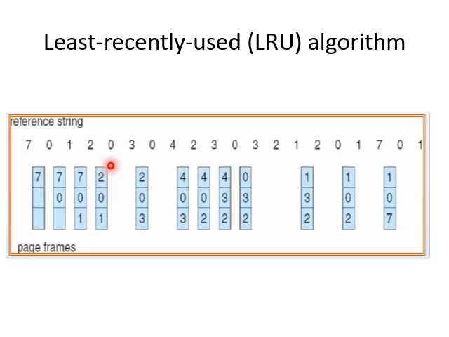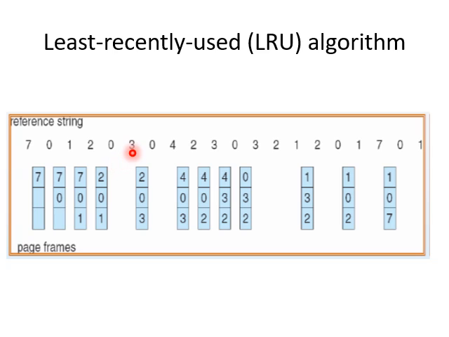Now please pay attention. 0 is already present over here, so no page fault. Now we refer to page number 3, which is not present in the main memory, so there is a page fault. Now which page will be removed? If it was first in first out, then 0 would have been removed.